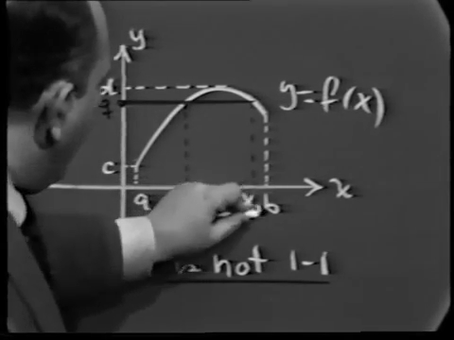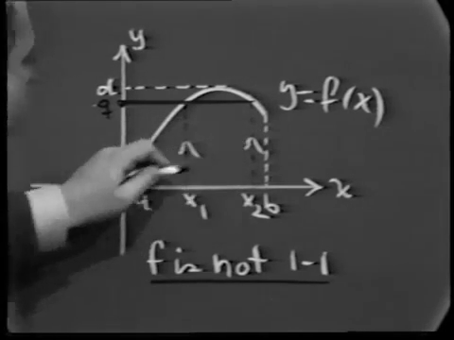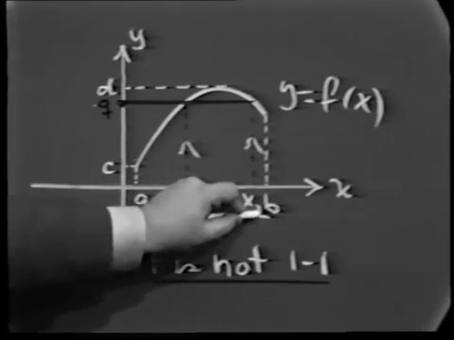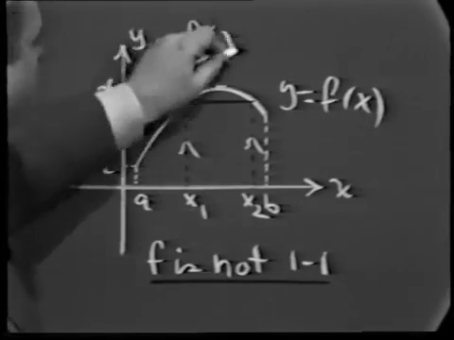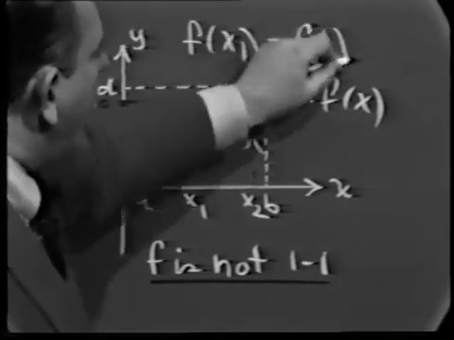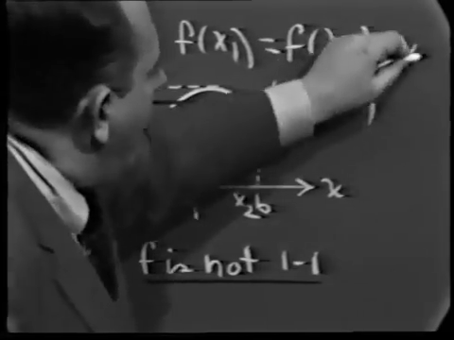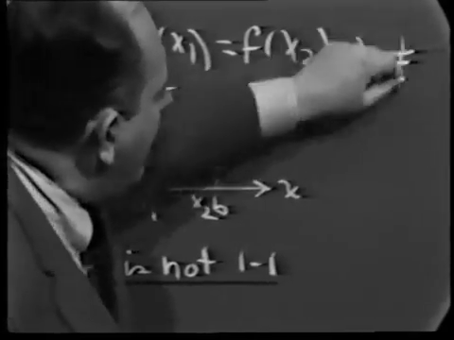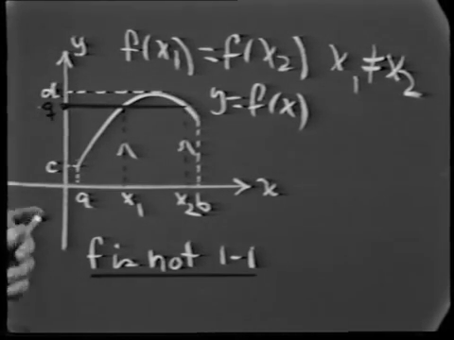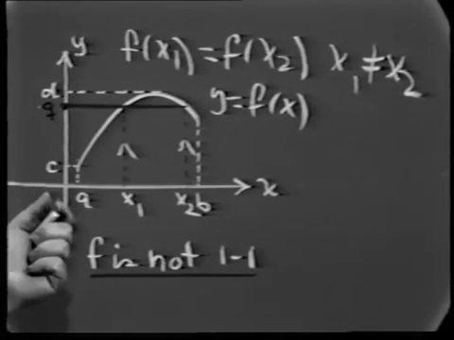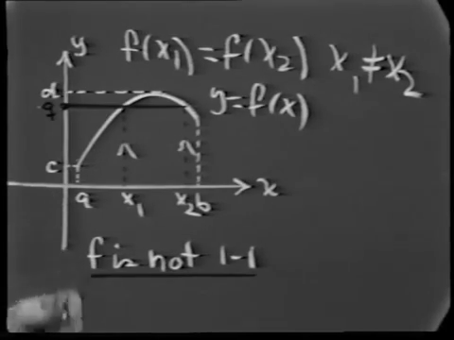In fact, there are more than one. Namely, notice that both f of x1 and f of x2 equal Q. In other words, in this case, f of x1 equals f of x2, even though x1 is unequal to x2. That means that this function is not one-to-one, and because it's not one-to-one, it doesn't have a well-defined inverse function.